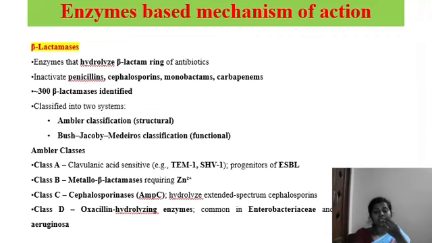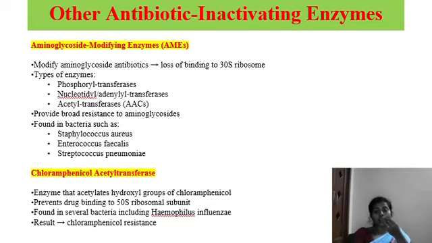The next category is aminoglycoside modifying enzymes, and the last one is chloramphenicol acetyltransferase. Aminoglycoside modifying enzymes are mainly categorized as affinity based enzymes because they reduce the modified molecule by binding to the 30S ribosomal subunit.